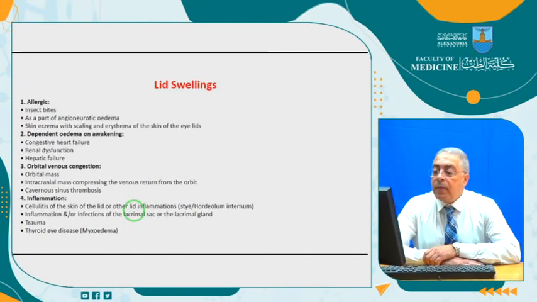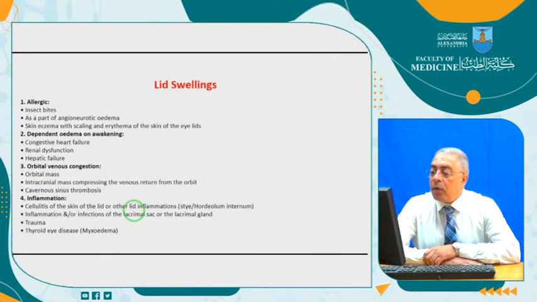Another cause is inflammatory, and this has other signs. There is cellulitis with signs of inflammation: redness, hotness, swelling, tenderness. The source of infection may be the orbit, like in orbital cellulitis, or the eyelids, like inflammatory conditions such as stye and inflamed chalazion.